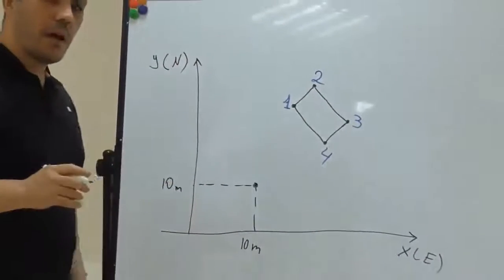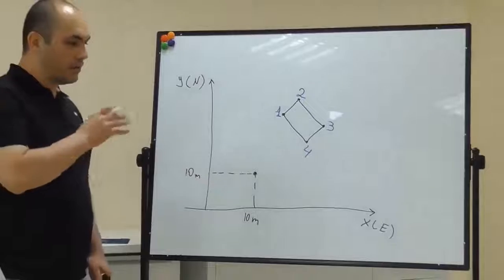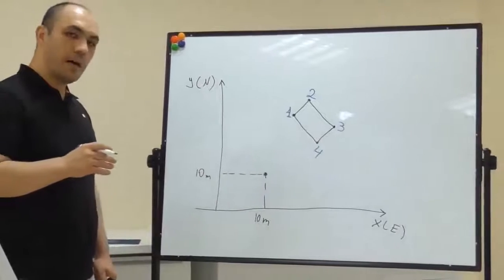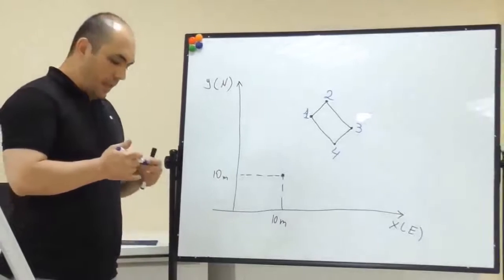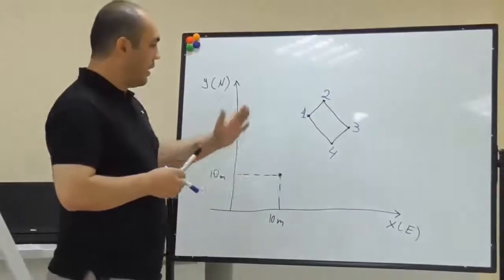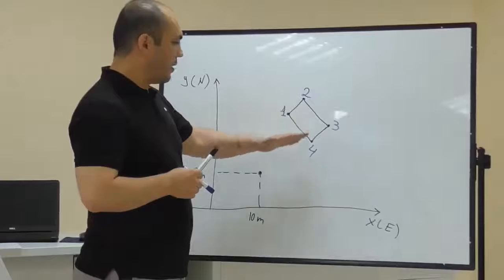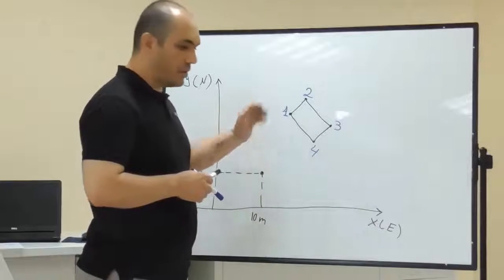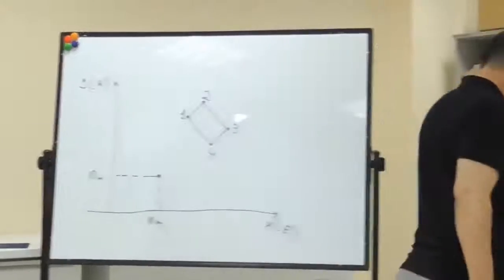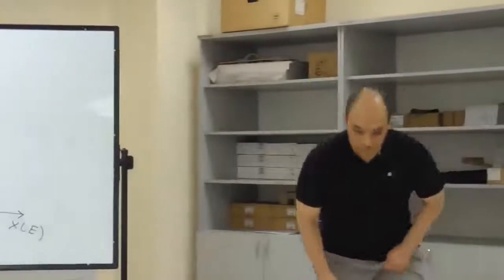But before that, I have to define my backside point or reference point, because all my horizontal angles will be referred to this reference point. So this is my reference point, or backside point.